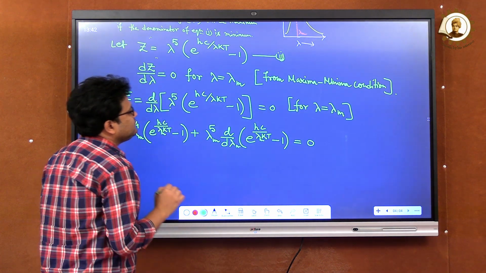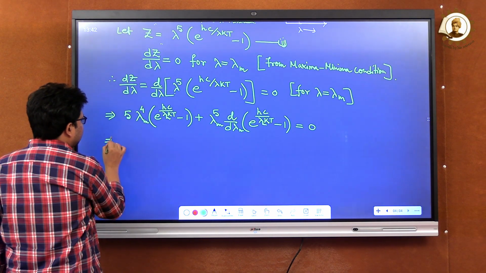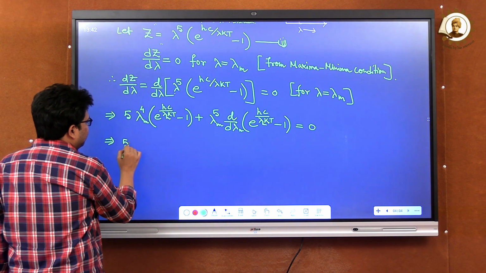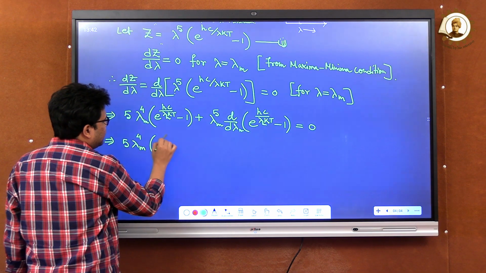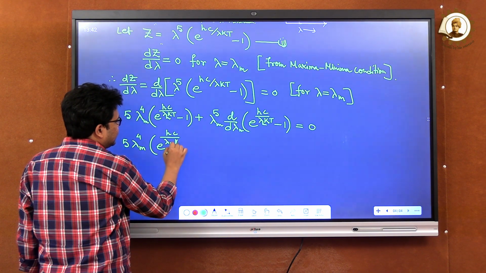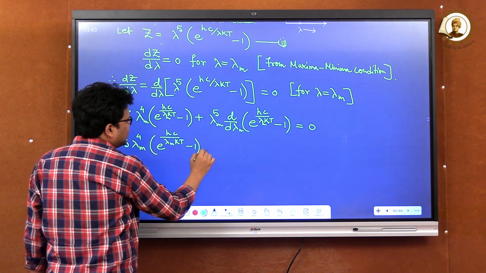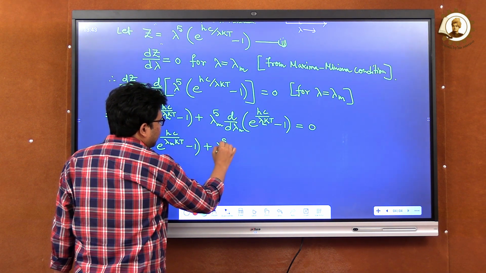After the differentiation, we have 5 lambda m to the power 4 into e to the power hc by lambda m kT minus 1 plus lambda m to the power 5.